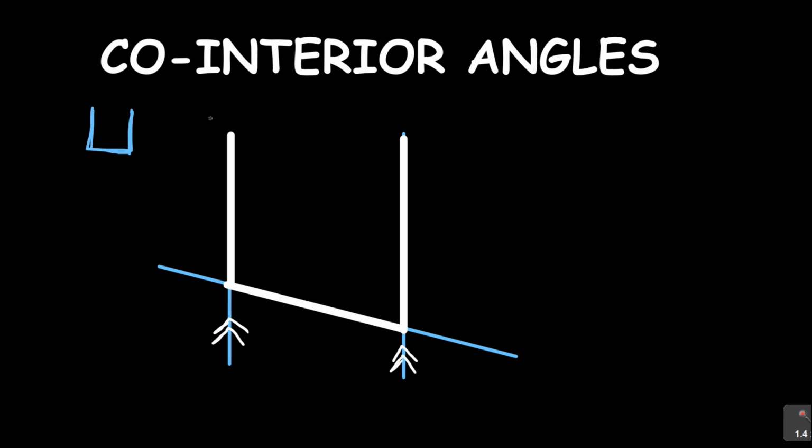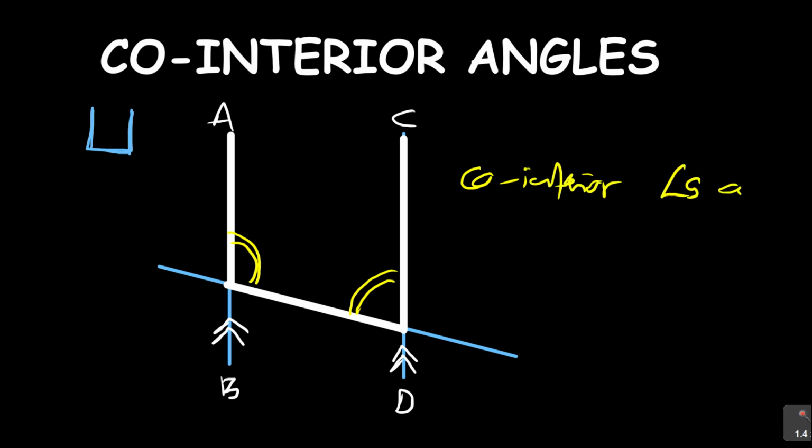See that? Meaning if I've got my AB here and I've got my CD here, then when you talk about co-interior, look at the angles I'm going to form. The inner angles. I've got that angle and I've got that angle. We've got a special property here. We are saying the co-interior angles are supplementary. So supplementary, and you remember what supplementary means?